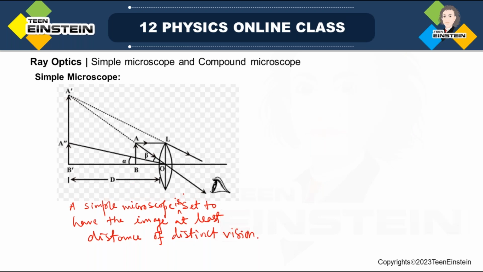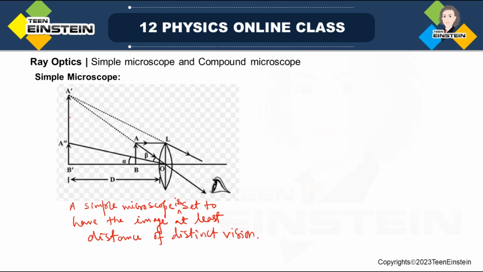When the microscope is set for having the final image at the least distance of distinct vision, the object is placed between the optical center and the focal length, and the convex lens will produce a virtual image, which will be erect and magnified.